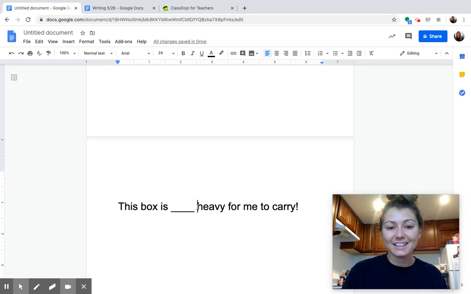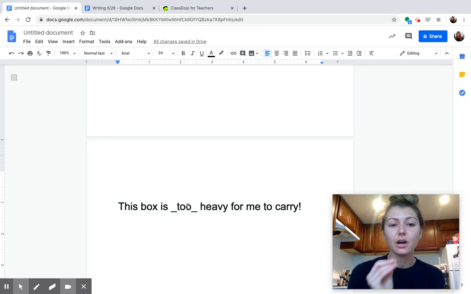We don't have anything that's asking about an action right here. We have an action at the end of the sentence, but we don't have it up here. We already have T-O, to carry, in here. Which one are we going to use here? This example actually calls for T-O-O. It is too heavy. So that word "too" means also, but sometimes it can mean like too much. It is over the top. It is too heavy for me to carry.